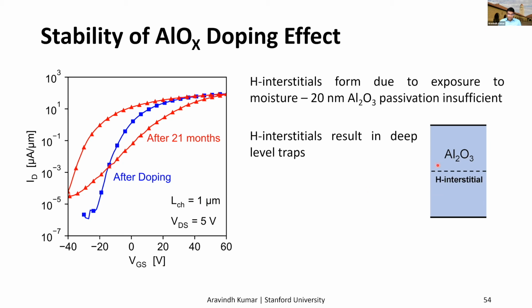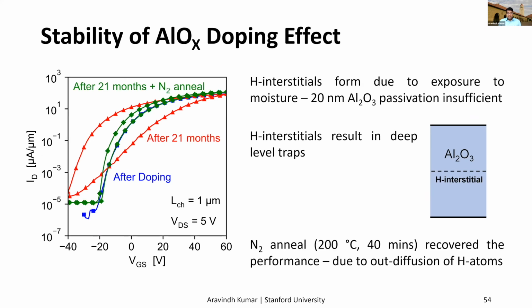And again, this creates these deep level traps, which could act as traps for the channel. The good news is that nitrogen anneal is known to cause out diffusion of these hydrogen atoms, and a 40 minutes 200C anneal caused almost perfect recovery of the original electronic performance.